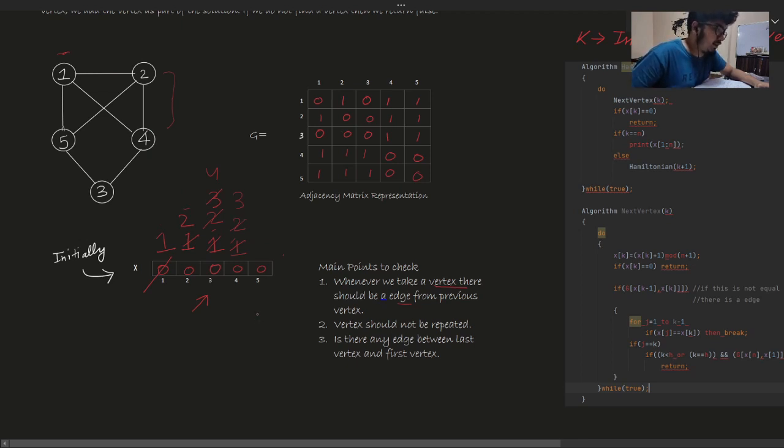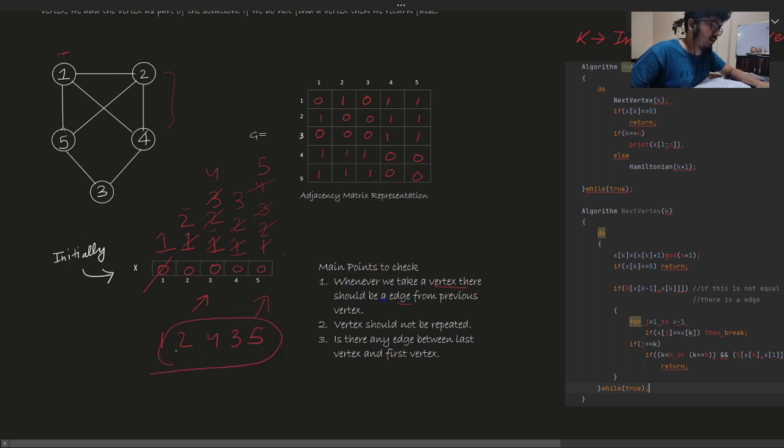Then go on to the fifth index. Now we will again put 1, then 2, then 3, then 4. 3 is repeated, 4 is repeated, and then 5. Now we got 1, 2, 4, 3, 5.